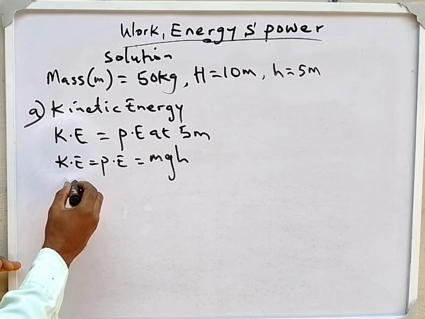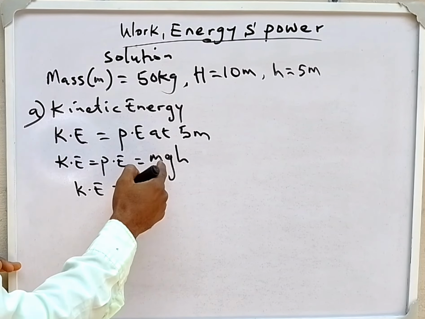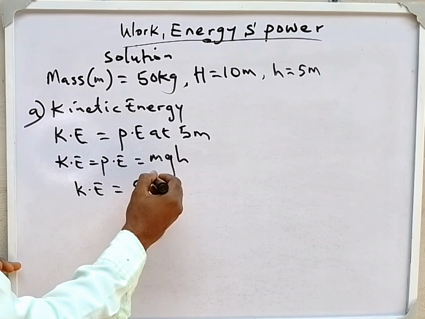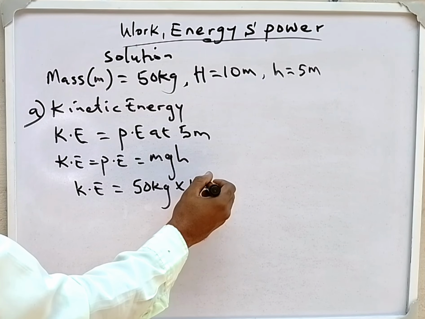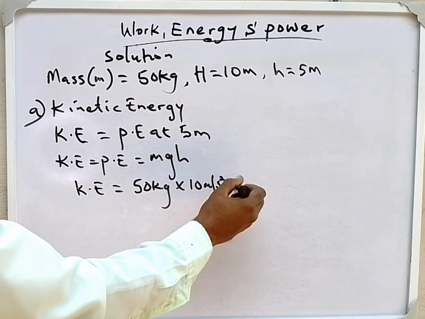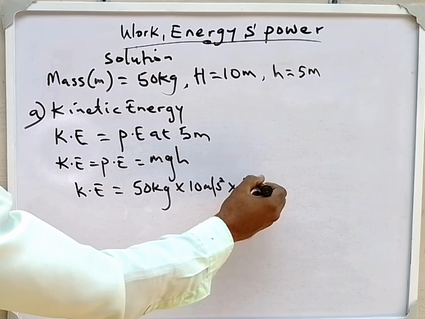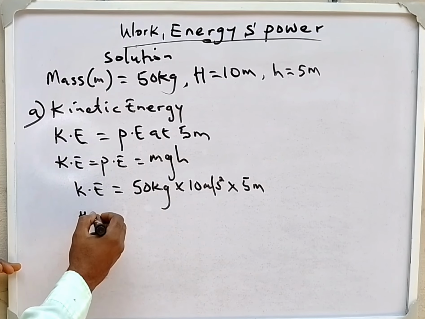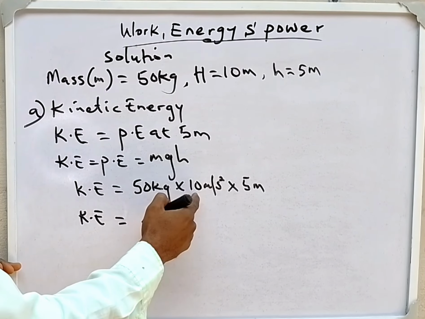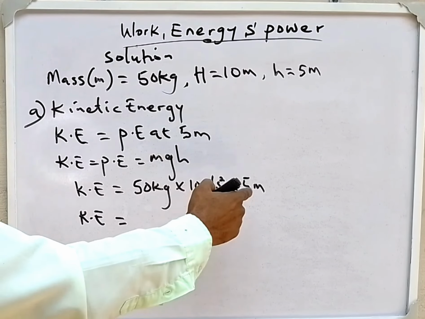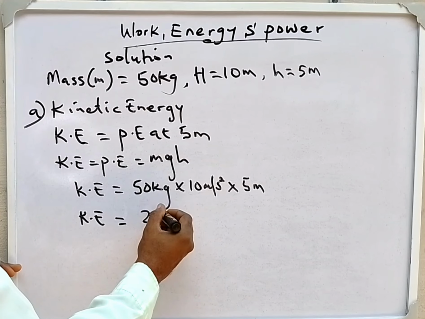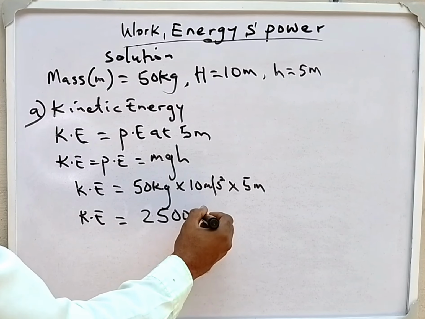So we have that kinetic energy then is equal to, what is the mass? 50 kg. What is g? Acceleration due to gravity, 10 meters per second square. What is the height? 5 meters. So we now say the kinetic energy of the stone halfway. This times this will give you 50 times 10, 500. 500 times 5 gives you 2,500 joules.